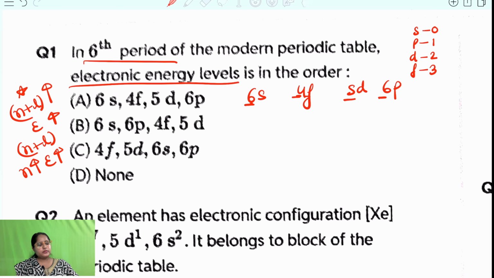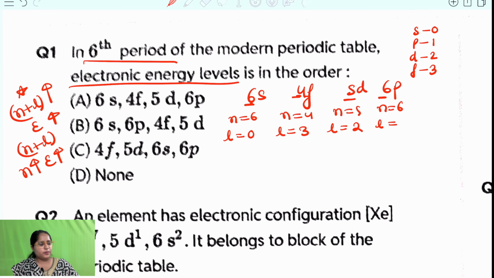So for 6s, n will be 6, here n will be 4, here n will be 5, here n will be 6. Now l value for f is 3, for d is 2, for p is 1.